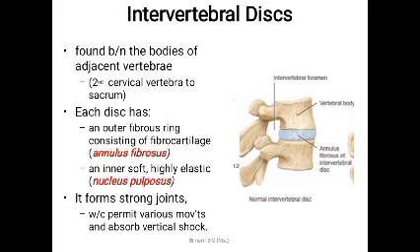Each disc has an outer fibrous ring consisting of fibrocartilage, the annulus fibrosus, and an inner soft, highly elastic nucleus pulposus. It forms strong joints which permit various movements and absorb vertical shock.